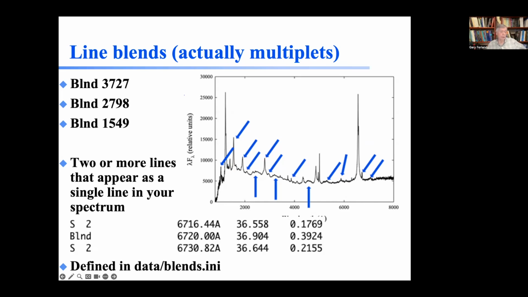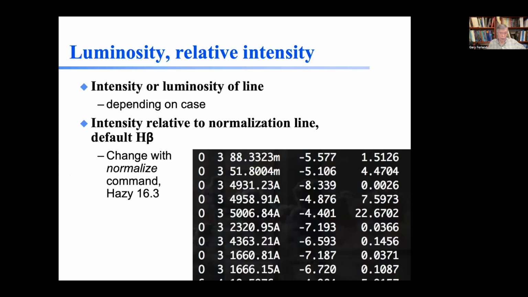The blends are defined in blends.ini. You can change the contents of this file, and Cloudy will use it without complaint. You can define new blends. This is a very common facility that makes it possible to work with observations and the limitations that some observations have.